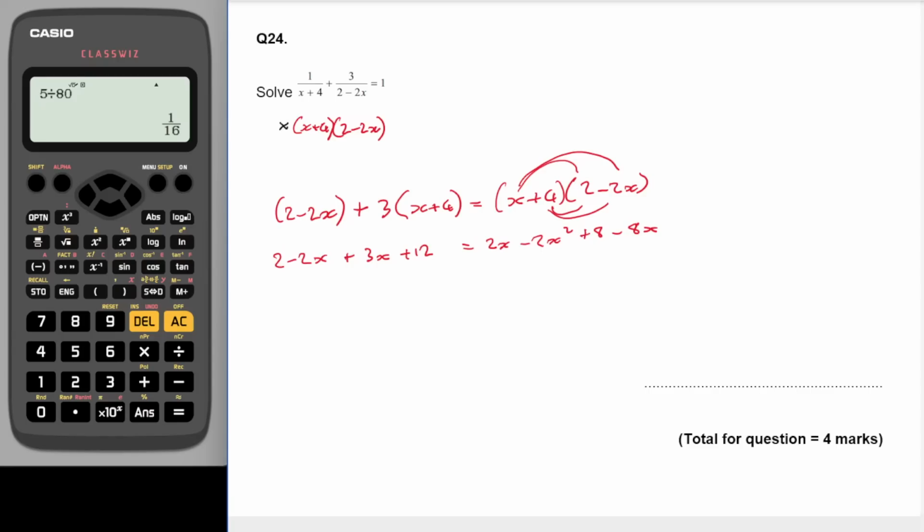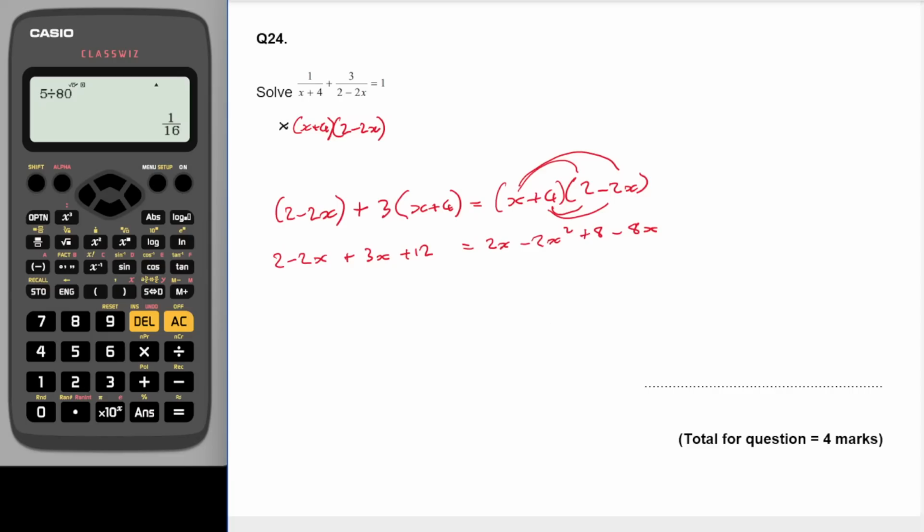Just double checking what I've done here. 2x minus 2x squared plus 8 minus 8x. Yep. Could have taken 2 out as a factor, but not to worry.